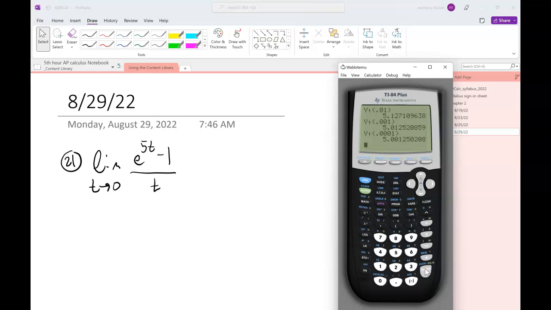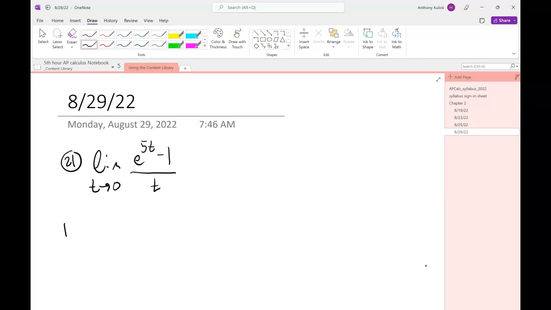Victoria. 13 and 14 for this same section. Okay. It says use the graph of the function f to state the value of each limit if it exists. If it does not exist, state why. Okay.